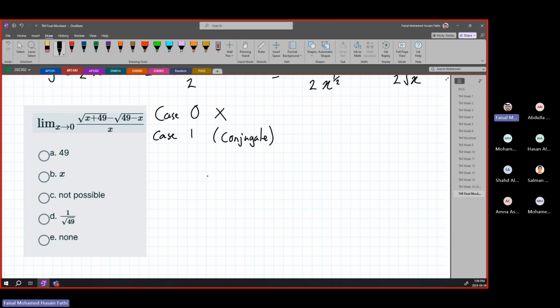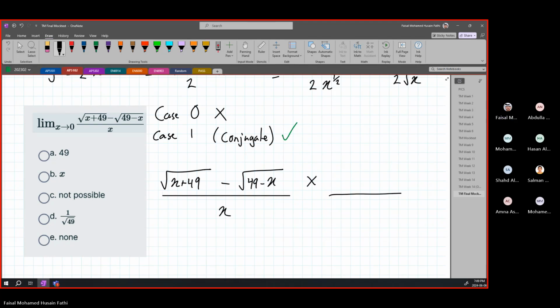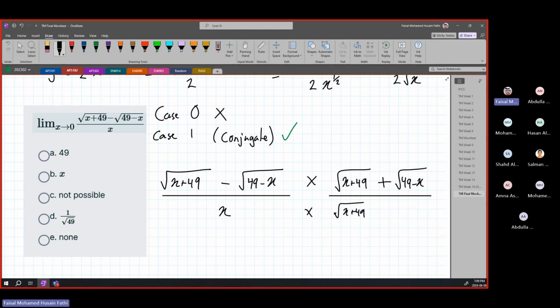Yes, because we have a square root of x plus 49 minus the square root of 49 minus x, divided by x. So up and down, we're multiplying with the conjugate. What is the conjugate? The exact same value, only the difference is you're going to have plus now instead of minus: square root of x plus 49 plus square root of 49 minus x.